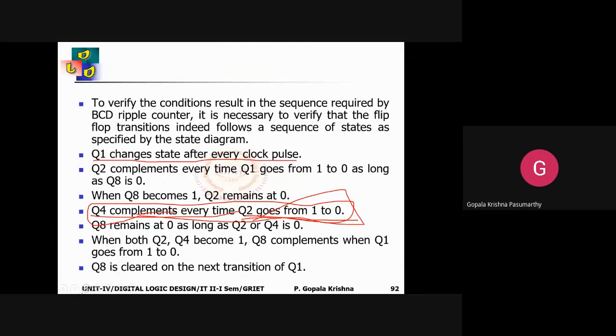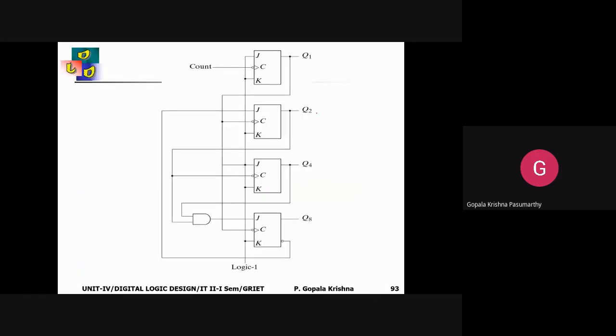Now let us see Q2. Q2 complements every time Q1 goes from 1 to 0, as long as Q8 is 0. Remember this? So if you want Q2 to be complemented, J needs to be 1 and K needs to be 1. K is already 1 because K is connected to 1. J becomes 1 because J is connected to Q8 bar, means when Q8 is 0, J becomes 1.